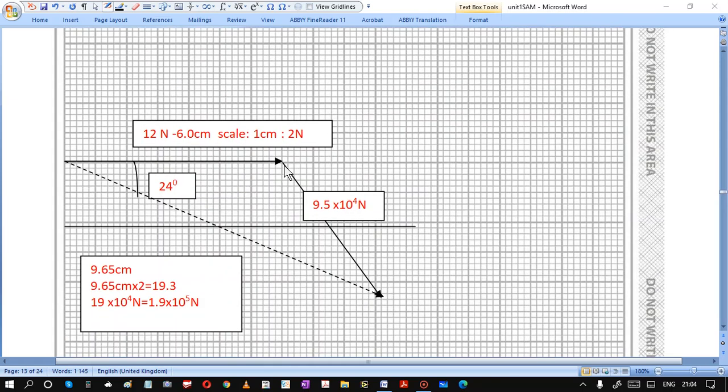We use the triangle rule. We find the length, which appears to be 9.65 centimeters, multiplied by 2 gives us 90.3 newtons. And we take into account that it is 10 to the 4th.